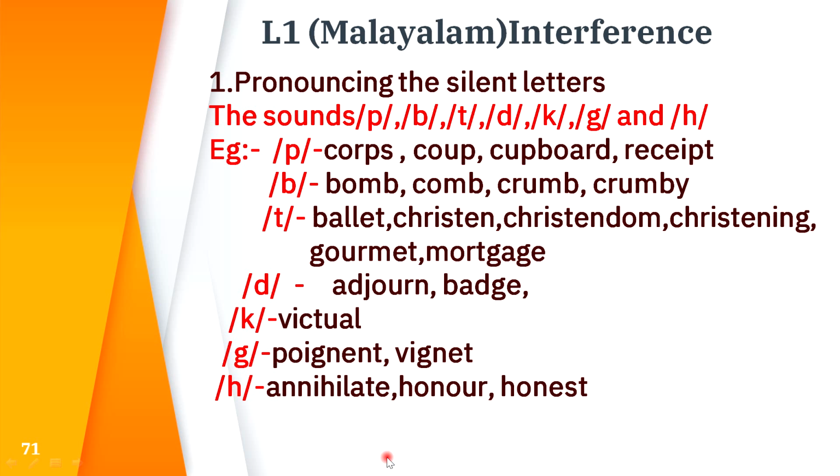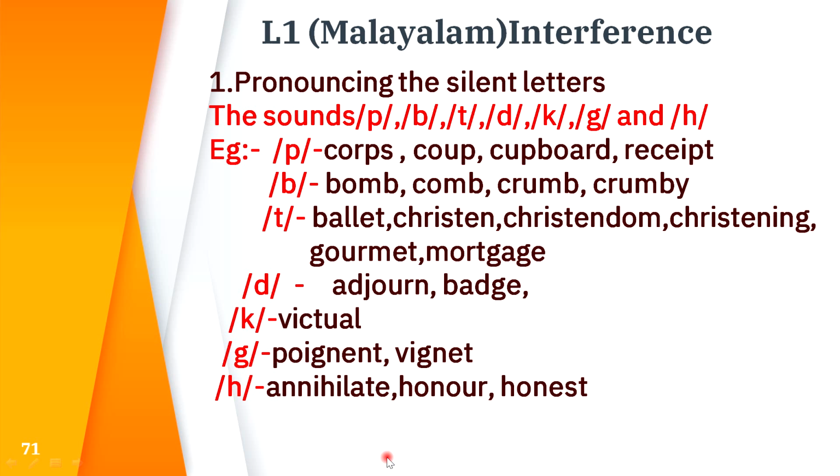Let's see some examples. In these examples, we can see that the plosive sounds p, b, t, d, k, g, as well as the h sound are pronounced by the Malayali speakers often, while actually they are silent in those words.